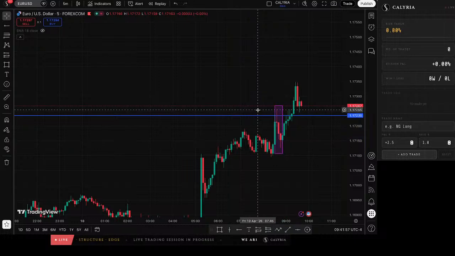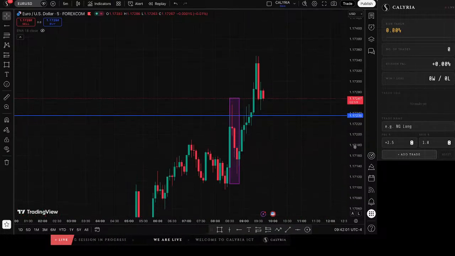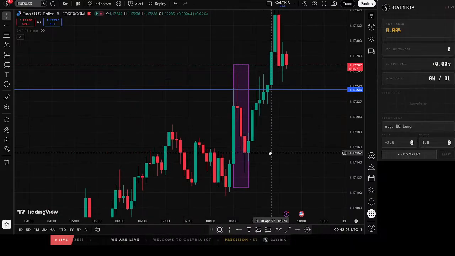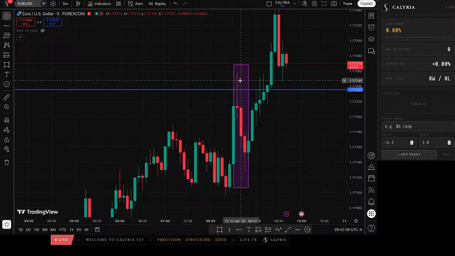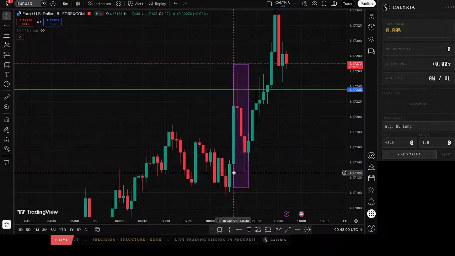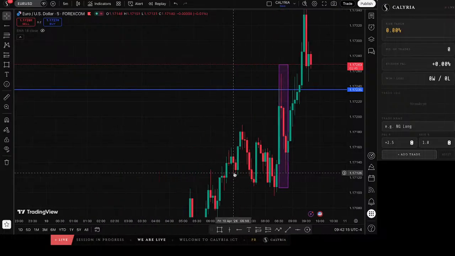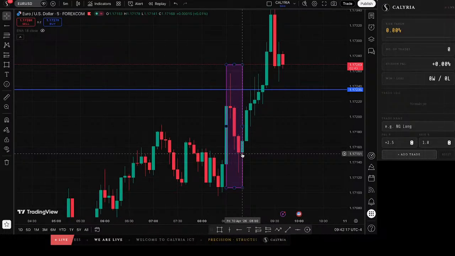I said that it would go down from here, and if it was another YouTuber, he would be bragging about these 3 candles, okay? Because these 3 candles can give you a lot of money. But I'm not bragging about it because I am a profitable trader and I know how the system works, okay?